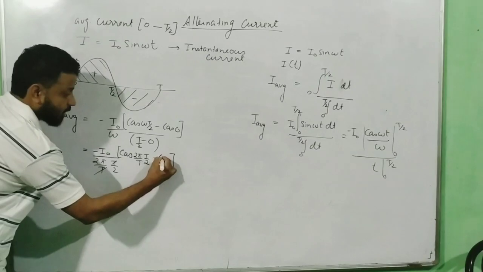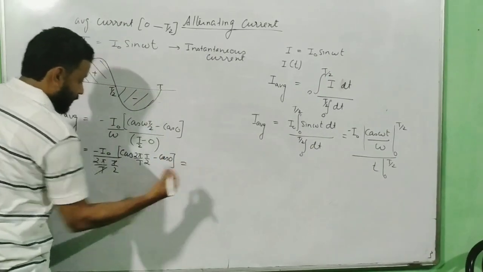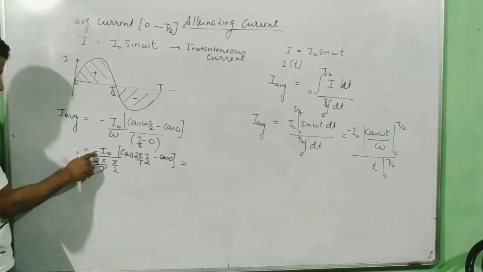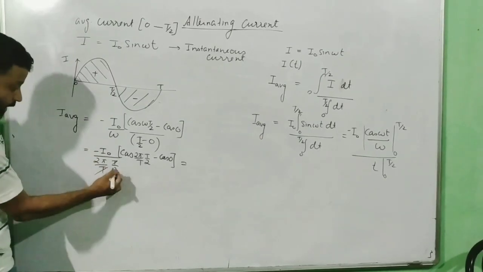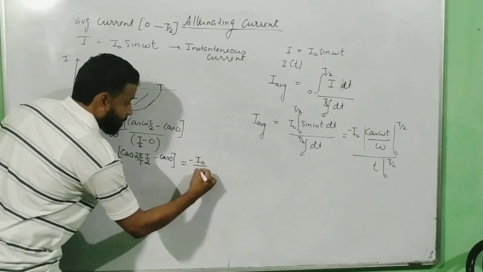Cos 0 is how much? In the next step I am going to put the value of cos 0. Now T has gone out, so you have minus I naught by 2 pi, and the 2 will also get cancelled out. So you will get minus I naught by pi.